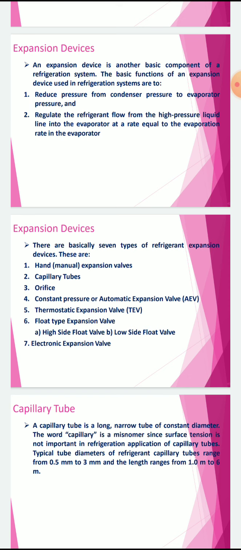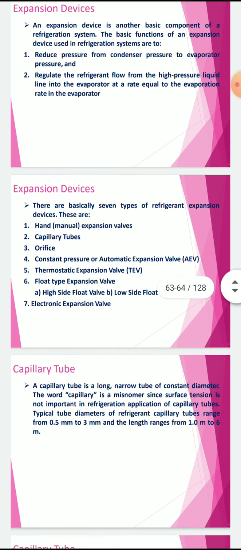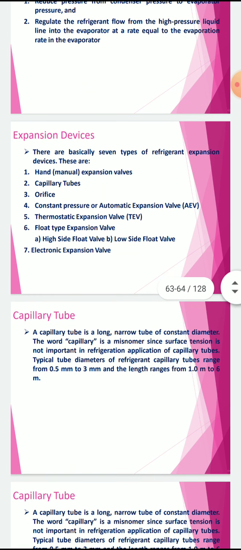Capillary tubes, orifice, constant pressure or automatic expansion valve, thermostatic expansion valve, float type expansion valve, high side float valve, low side float valve, electronic expansion valve. So there are different types of expansion devices.